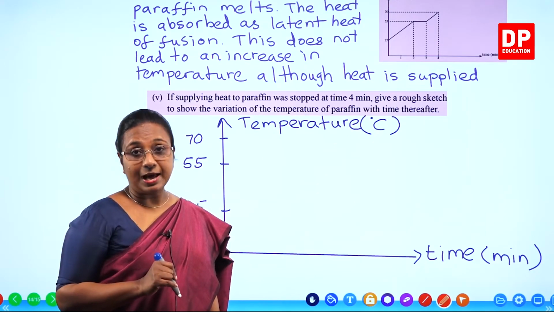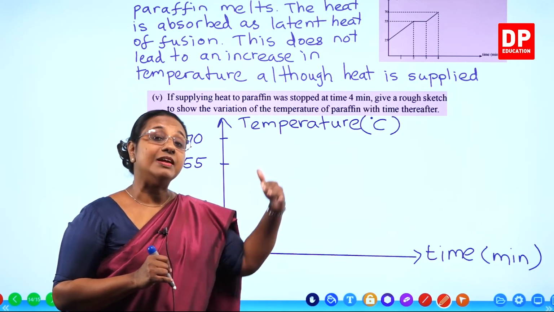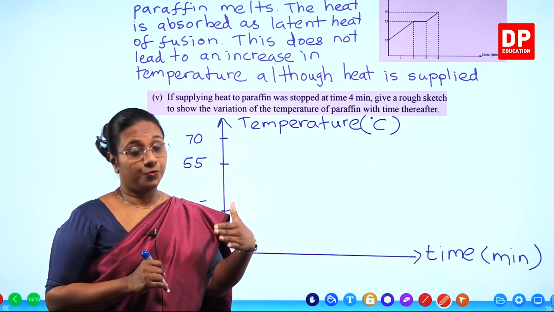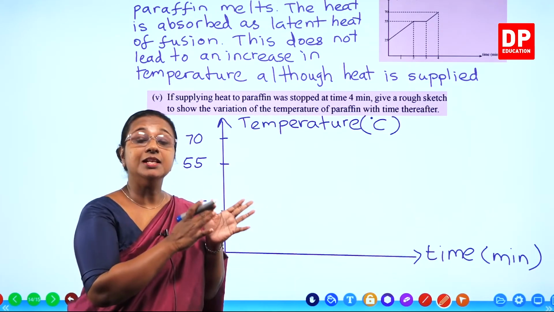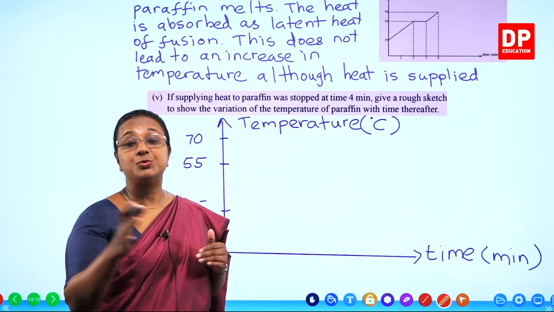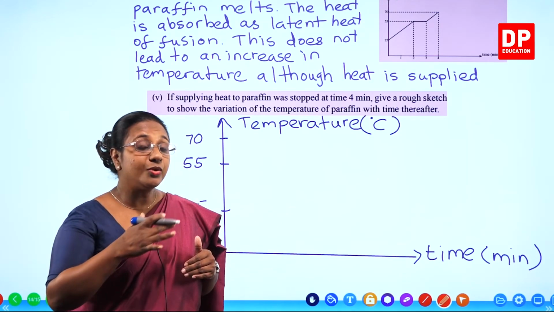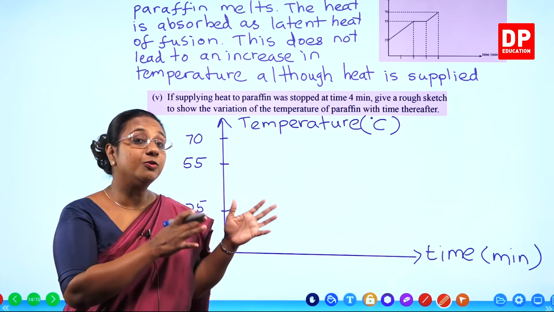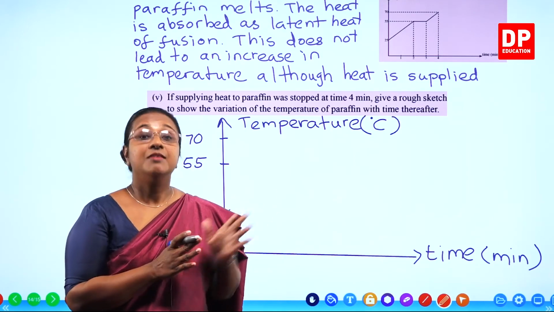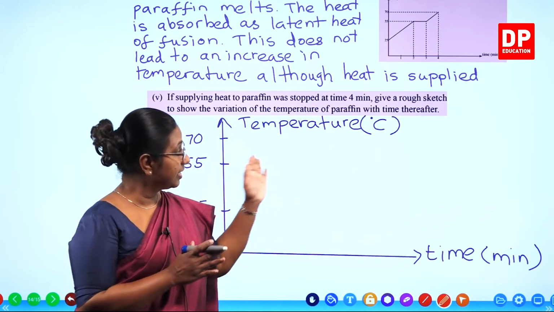So then what will happen? When it starts cooling, will it be a straight line? No. Why? Here there is a temperature difference between the liquid wax as well as the environment, but it's going to lose the heat gradually. You can remember the cooling curves of the 2 cups. We did a question before in this exercise.